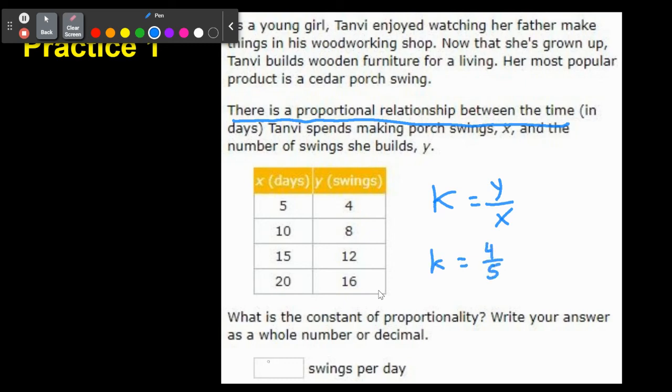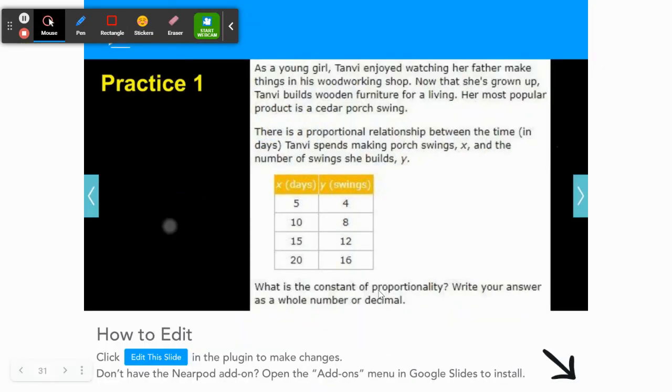They want you to write your answer as a whole number or decimal, not as a fraction. So let's write this as a decimal, which would be 0.8. That's 0.8 swings per 1 day. That's our unit rate for each of these data points. It becomes our constant of proportionality since we are talking about a proportional relationship.